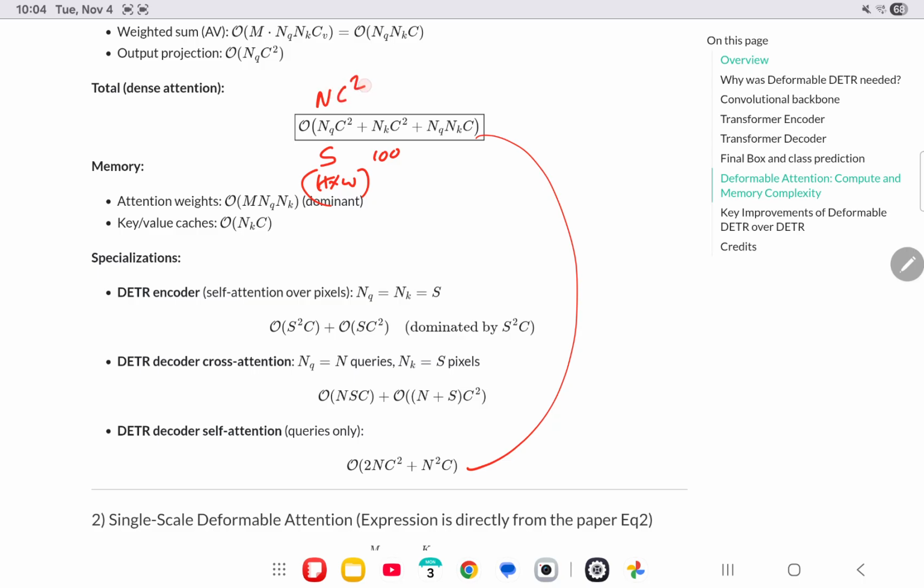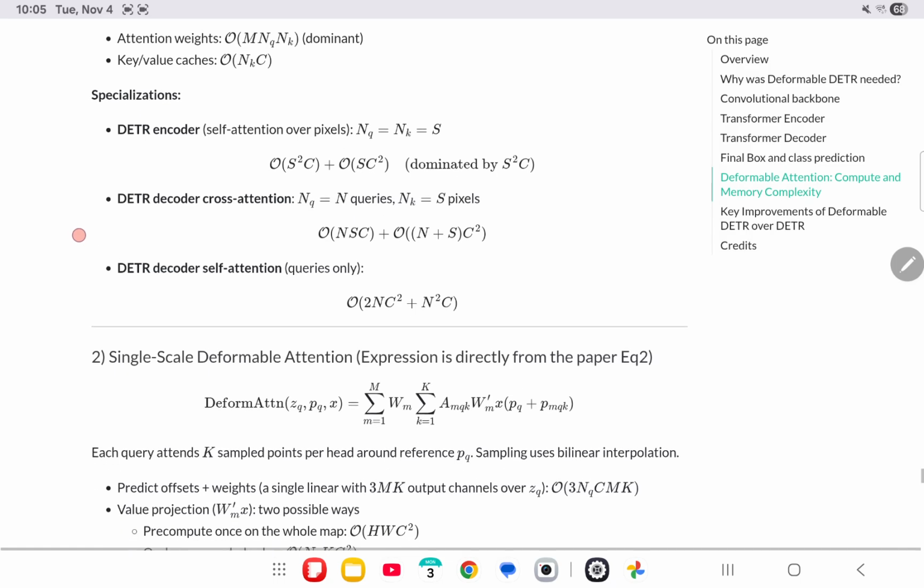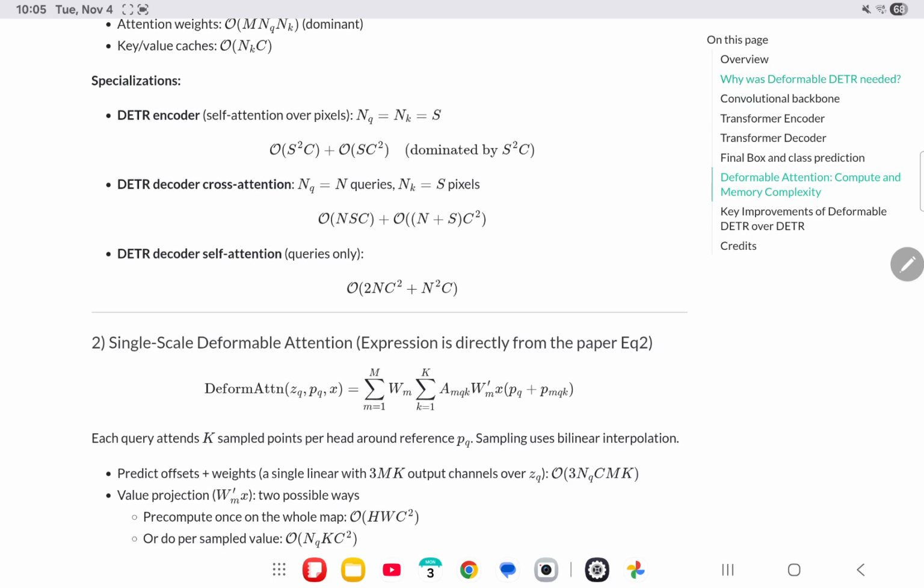So you just directly put these values into this equation and you get this. But the main thing to note here is this is dominated by S square, which depends on H and W. So if I have to write it in terms of HW, it will be H square W square C, right? So that is a big term.